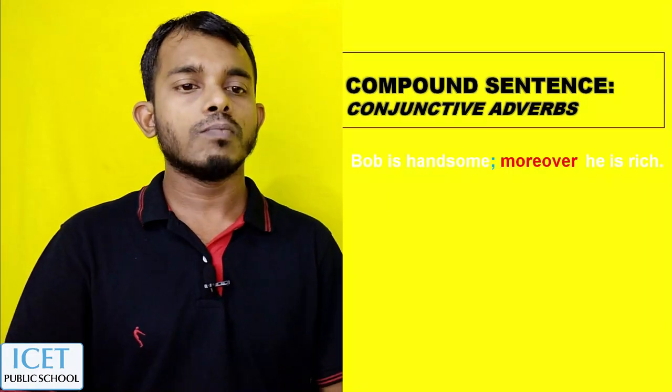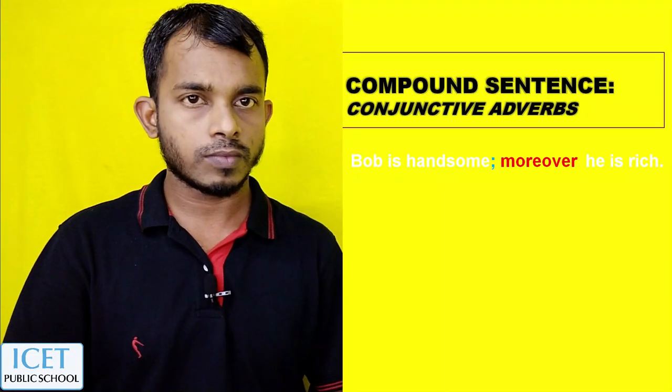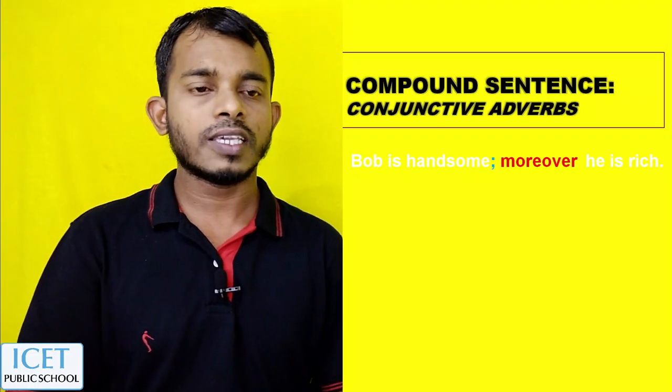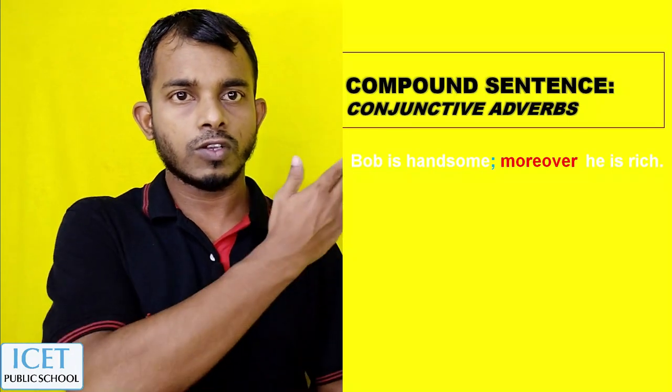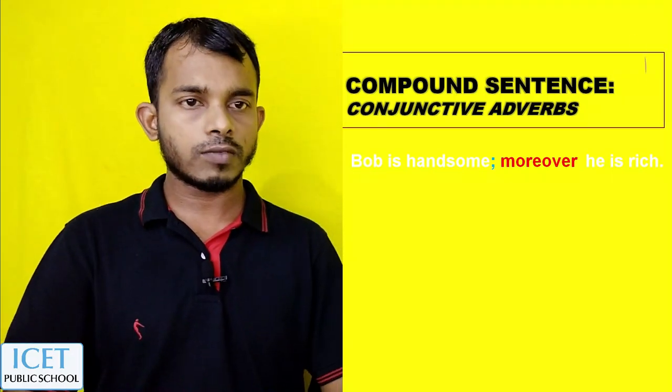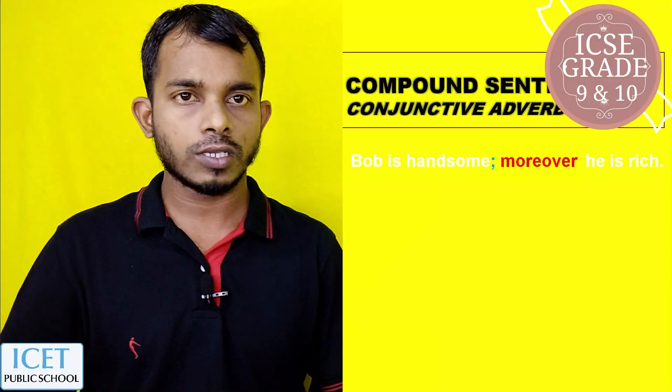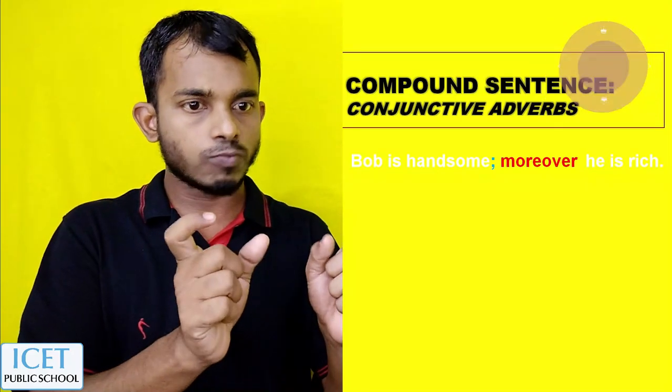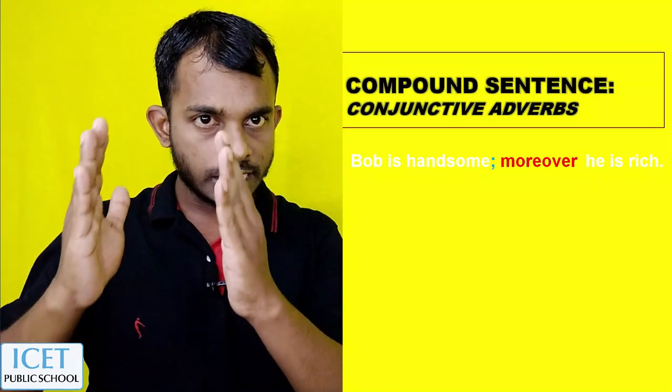Example: Bob is handsome, moreover he is rich. Look, Bob is handsome, moreover he is rich. So there are two clauses. Bob is handsome, one, is independent.